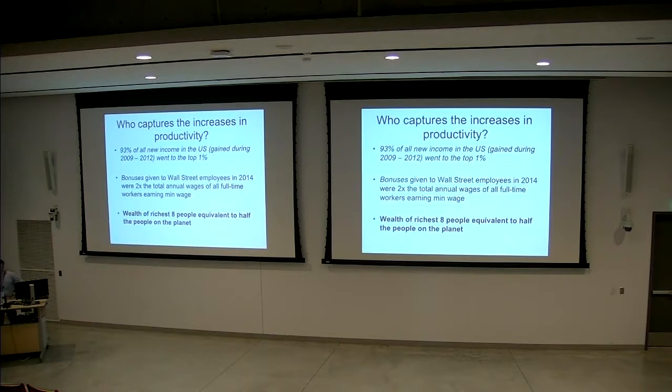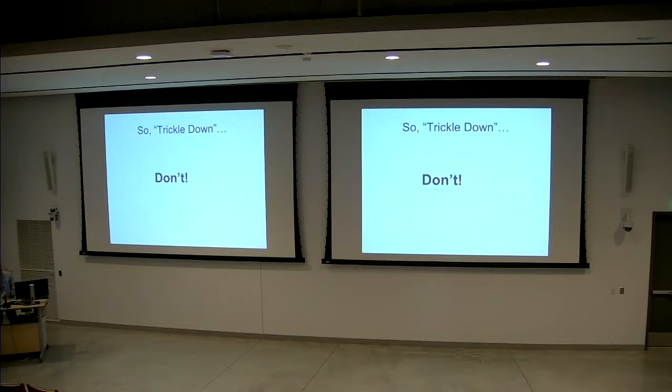Well, we know the answer to that: to the top end of the income spectrum. So much so that, as Oxfam pointed out in a recent study, the wealthiest 8 people on the planet now control the equivalent wealth of half of humanity. 8 people. So we see this concentration, which is particularly acute in the United States, but is also an international phenomenon.